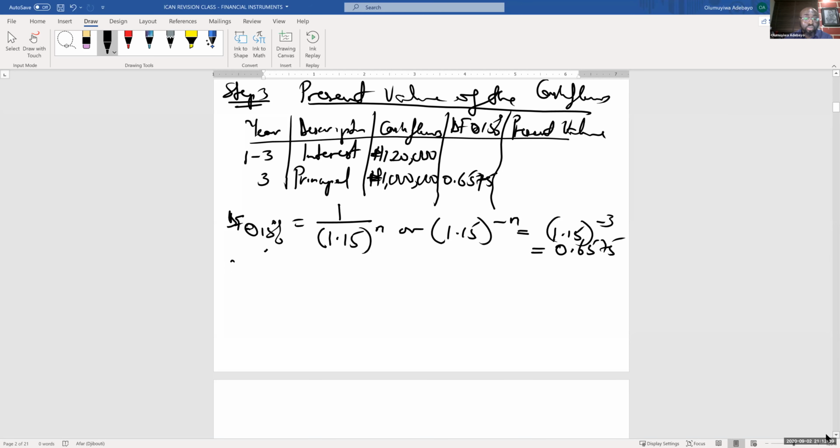Now, cumulative discount factor from year 1 to year 3 at 15% is 1 over 1 plus R. Let me convert it to what you can easily remember.